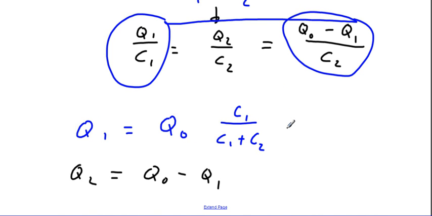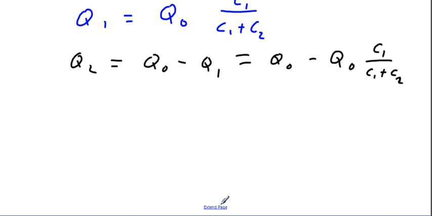So I bring that on the other side of the equation, and okay, so that's going to be Q naught minus Q naught C1 over C2 plus C1. So I'm using that Q1 to replace him, and then I'm solving for Q2.